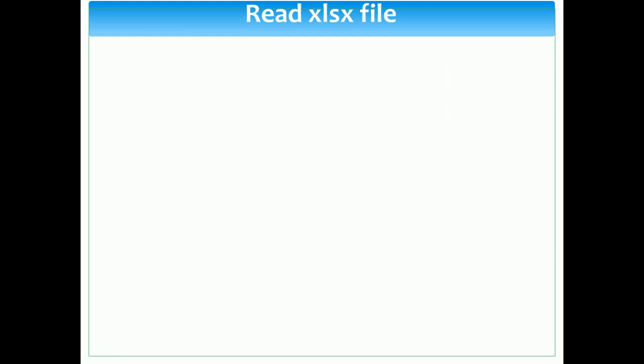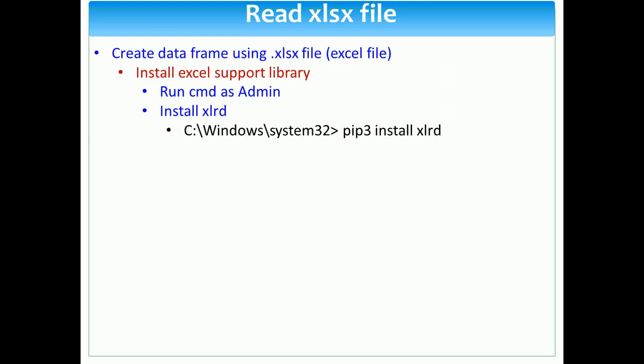So when I want to read an existing xlsx file, I basically need to do some installation. Obviously you are going to read an Excel file, and as we know, .xlsx is basically an Excel file. So for that you need to install an Excel support library. Go to the command prompt and run it as an administrator.